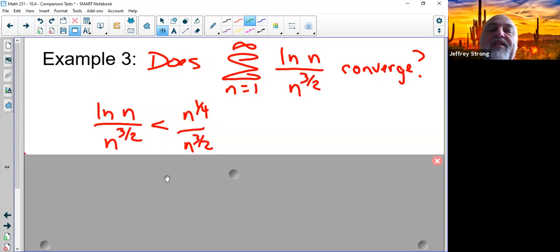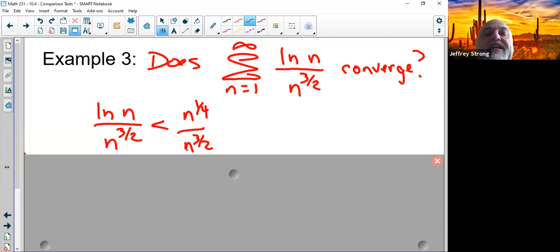So here, when we're thinking more about the term by term comparison, you say the natural log of n over n to the 3 halves is going to grow more slowly than n to the 1/4 over n to the 3 halves. I'm using the same function here.